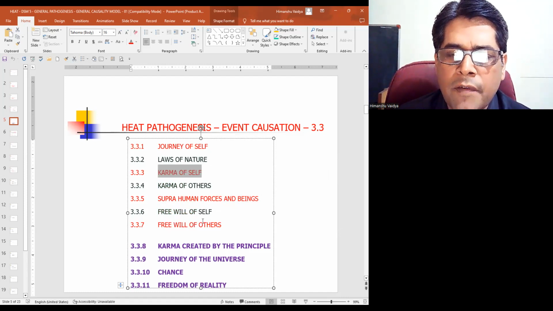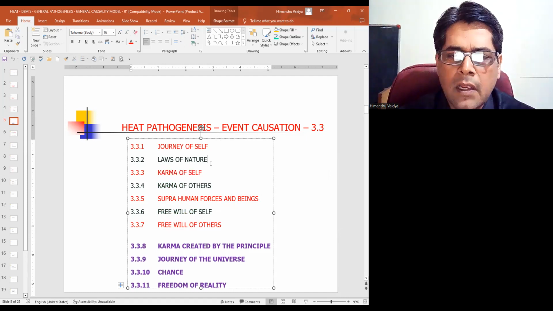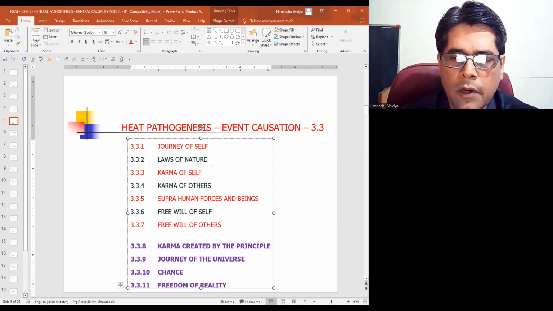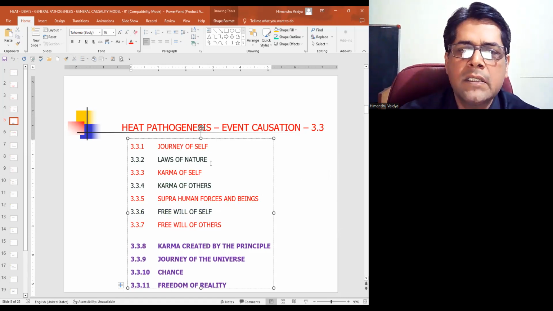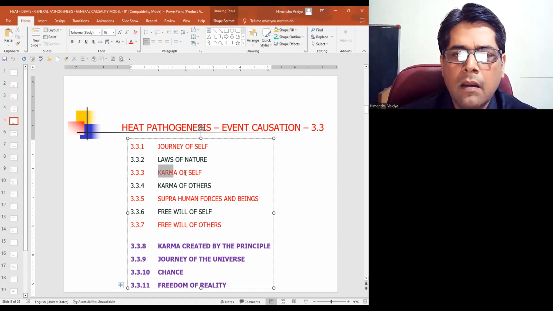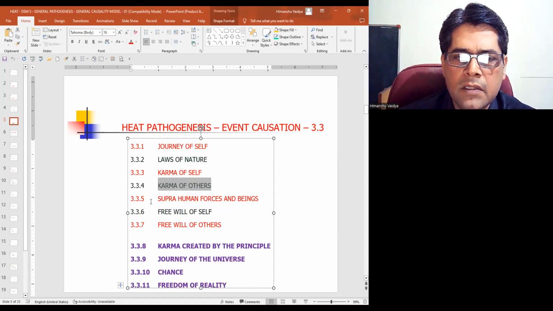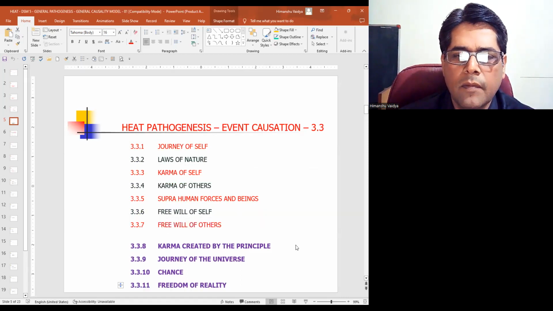So when I say law of nature, in general, except for a few instances where it is only the genetic predisposition at work and the environment does not play a role at all, barring those instances, the unfolding of law of nature is always in association and in context of karma of self, karma of others, free will of self, free will of others. So this is how it will be.